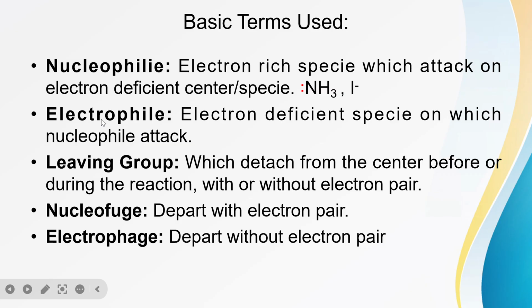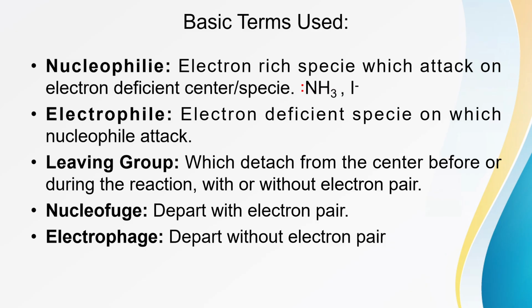On the other hand, an electrophile is an electron-deficient species, meaning it has low electron density, and our nucleophile attacks on it. In most cases an electrophile is positively charged or a neutral molecule. So for an electrophile, there are two possibilities: it may be a positively charged or neutral molecule. We will see examples of electrophiles and nucleophiles in detail in the coming slides.